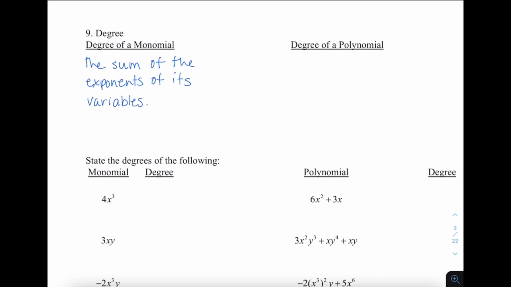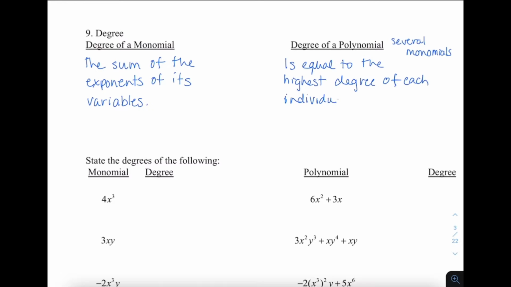And the degree of a polynomial, so remember, polynomials have several monomials in a row. So what you want to do is, the degree of a polynomial is equal to the highest degree of each individual monomial.